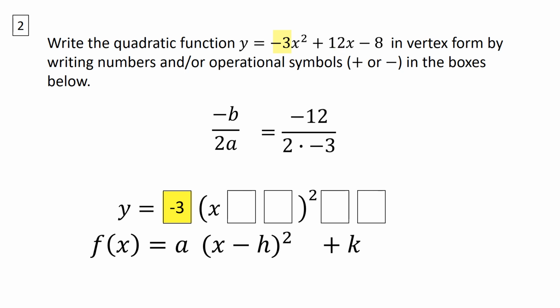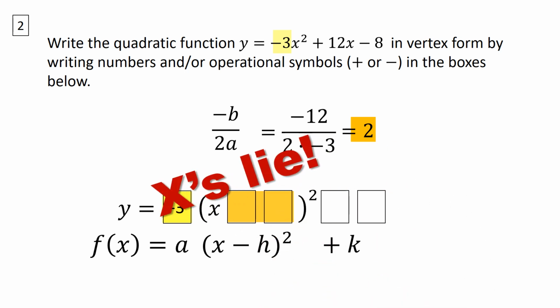That's going to be -12 over 2 times -3. Simplify that out. It's going to be +2. So that's going to be our h value. Now when we plug that in, right there in the parentheses with x, we got to remember what x's do. X's lie. It's going to give us a different sign, so we want to make sure that's a -2 there.